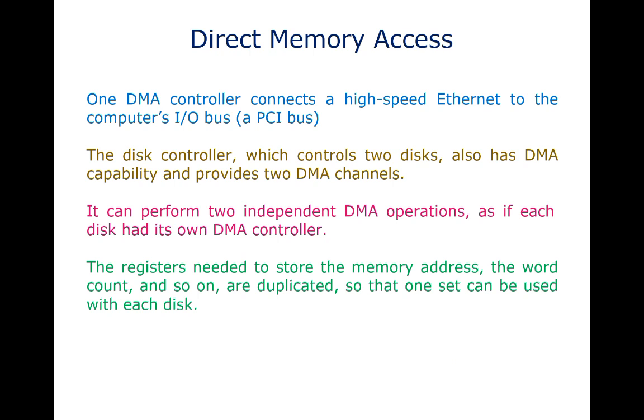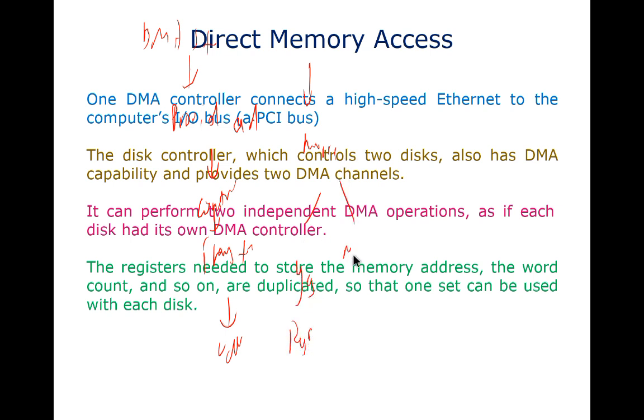The DMA transfer operation flows like this: first, the DMA starts, direct memory access starts. Then it provides the address, then control signal generation, then transferring of the word, then updating the address. After that, if more data is available, it repeats the process. If not, it gives a signal that the transfer is completed.